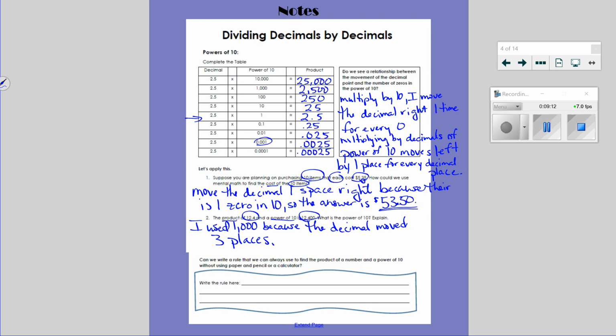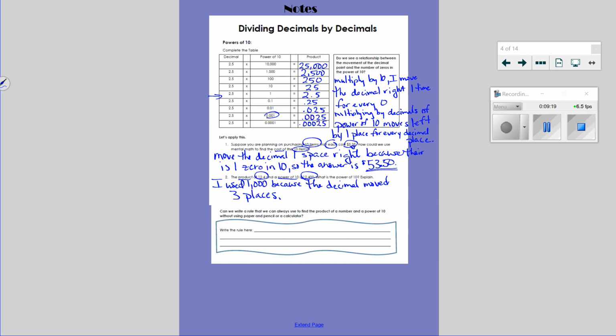Okay, so let's make these into a couple of rules that you guys can write down. So what rule did we just kind of come up with? If I multiply by power of 10, what do I get? What happens?